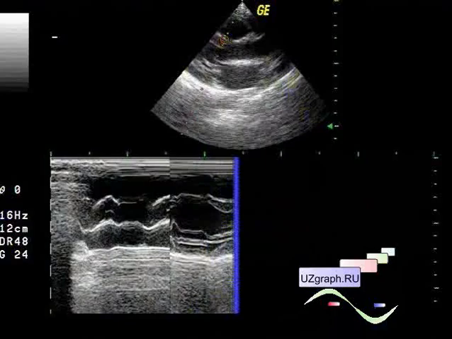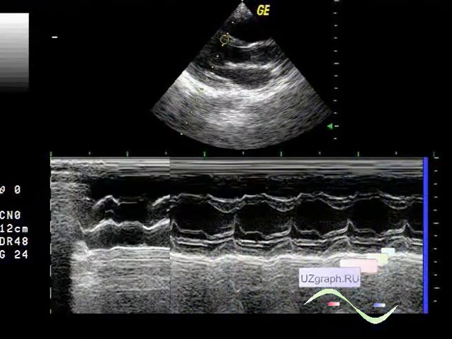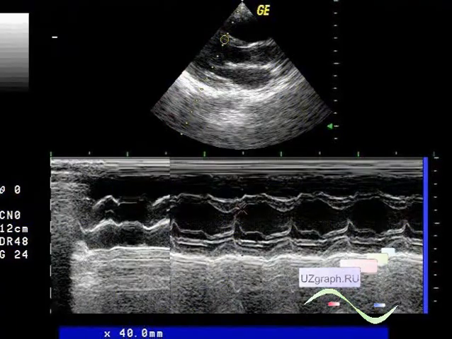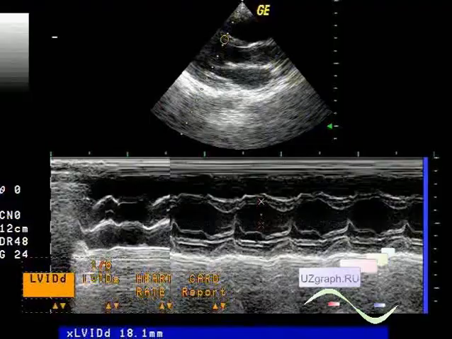And we move the line to the left ventricle and measure the left ventricle diastolic and systolic diameters for calculation by Teichholz's formula.